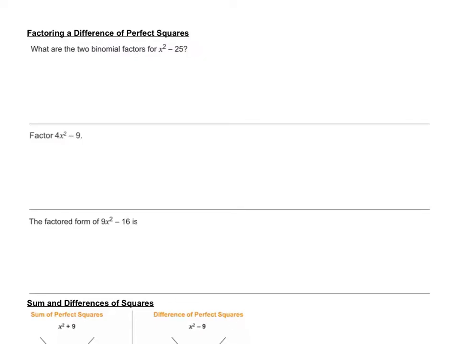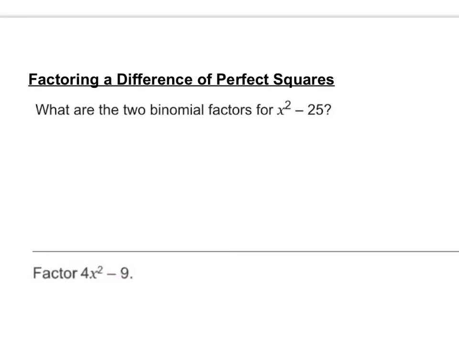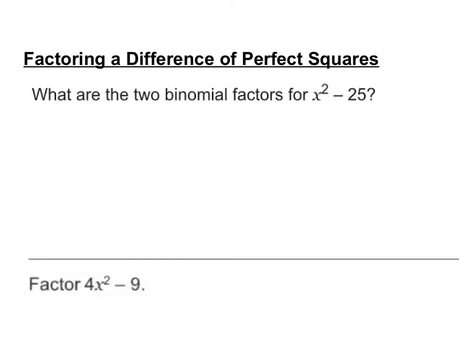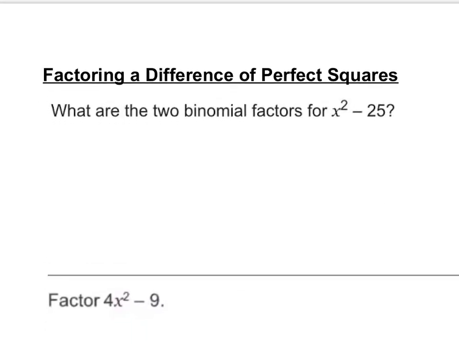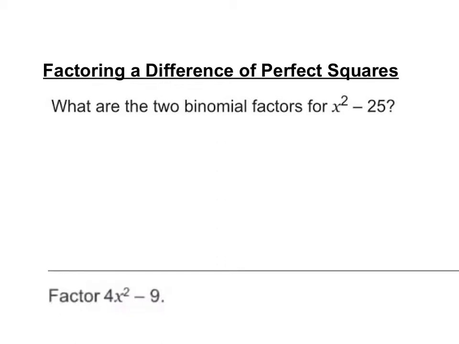Okay, let's take a look at a couple of these problems here. We want to factor a difference of perfect squares. Now, what I'm realizing here is that for this one right here, x squared minus 25, I'm going to rewrite that as x squared minus 5 squared, okay?